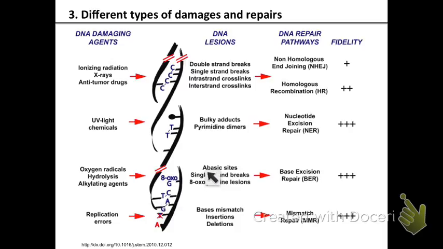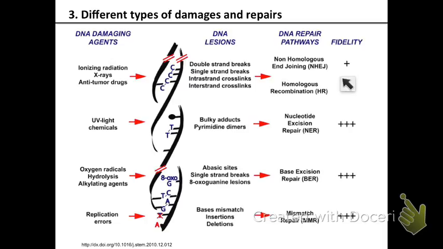They can leave abasic sites. These are sites where the DNA sugar phosphate backbone is intact, but it lacks the purine or pyrimidine. It can cause single-strand breaks and 8-oxoguanine lesions, and these are repaired by the base excision repair machinery. And some replication errors, these are errors made by the DNA polymerase, can cause mismatched bases, insertions or deletions, which are typically repaired by mismatch repair.